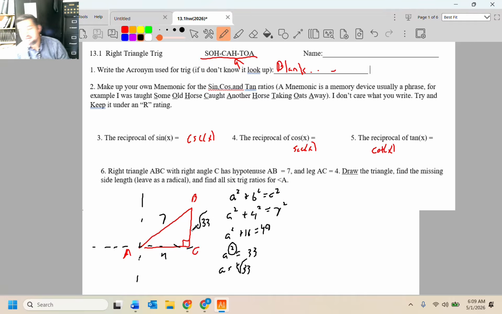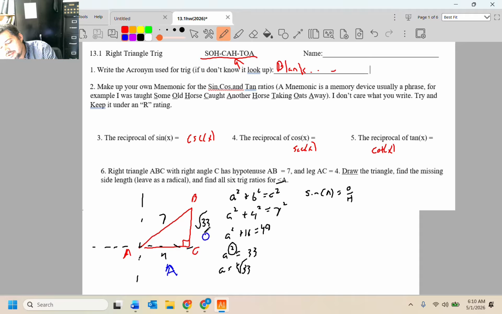Now you're supposed to find all 6 trig ratios, and this is going to take a while. First, the sine of angle A is opposite over hypotenuse. So I'm going to label everything. 4 is next to angle A, but not the hypotenuse, so that's the adjacent side.